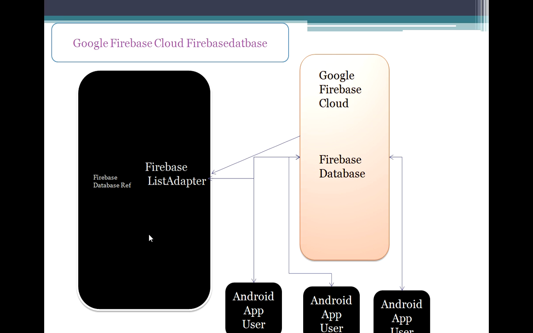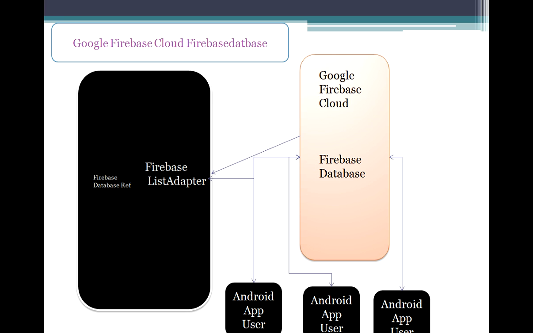Today we are going to see that. In the Android app we have a reference to the Firebase database, and we add the message to the database, and the Firebase database will send the message to the other users of the chat application. When you receive the message through event listeners, Firebase provides us the Firebase list adapter.